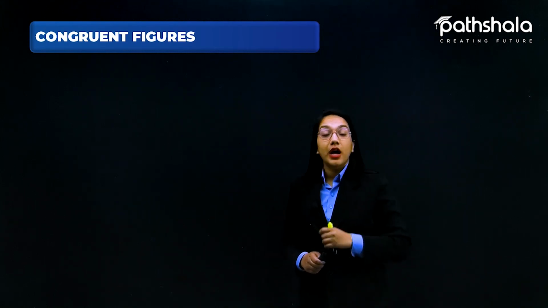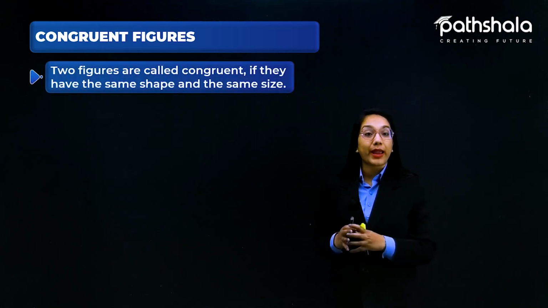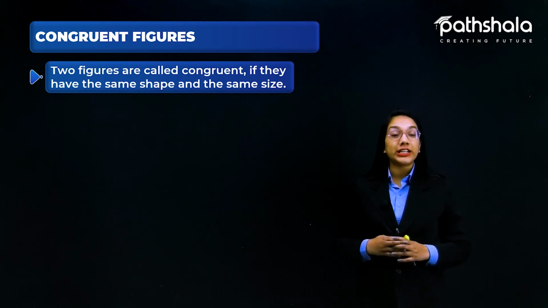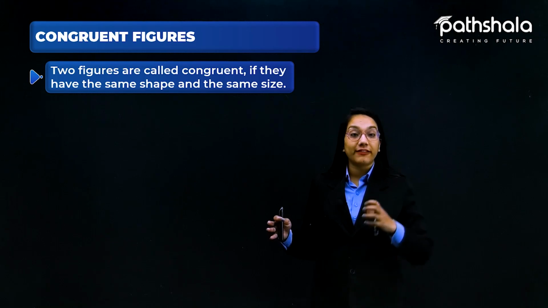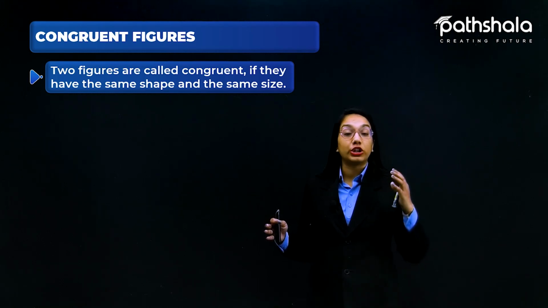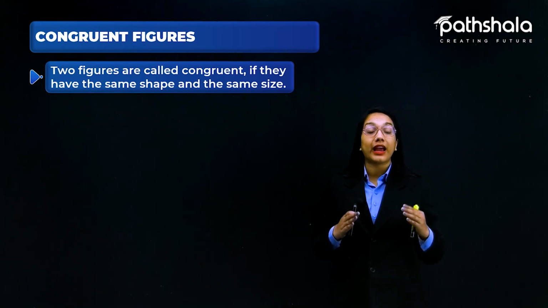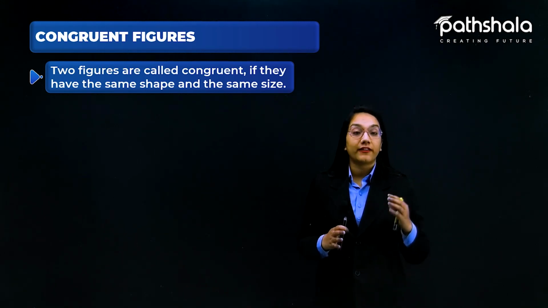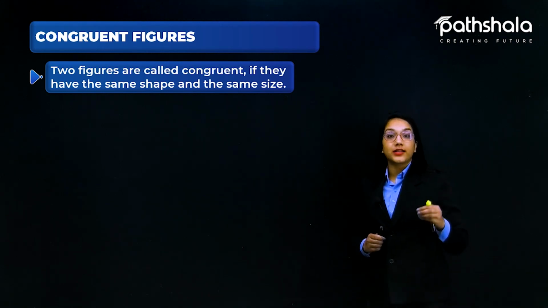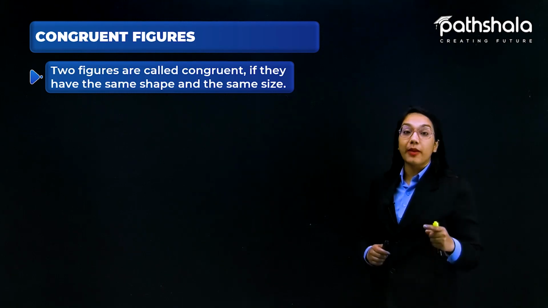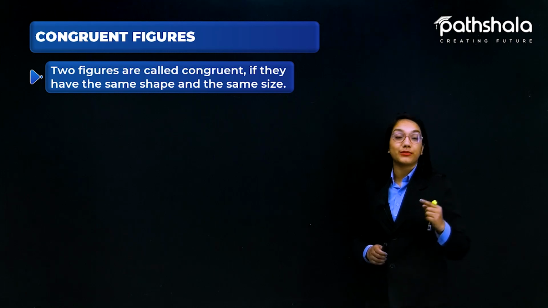Congruent figures are those figures that have the same shape and the same size. For instance, Mahiti divided the triangular field into three equal portions, and if those three portions are equal in area, we can say that they are congruent if they have the same shape and the same size.